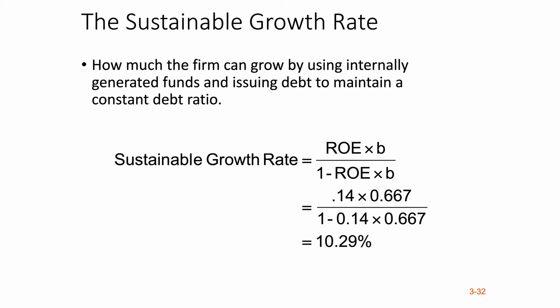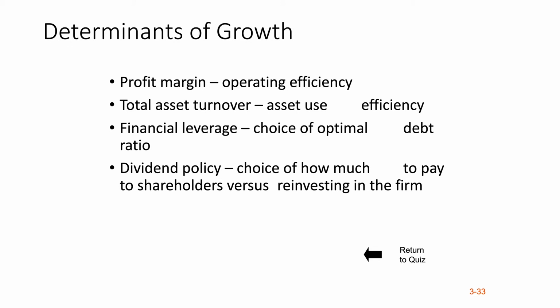We know that growth is determined by, number one, profit margin. The higher the profit margin, the faster you can grow. It's operating efficiency. If you can cut costs lower, then your profit margin is higher, right? Second is the total asset turnover ratio, the efficiency of using your assets.